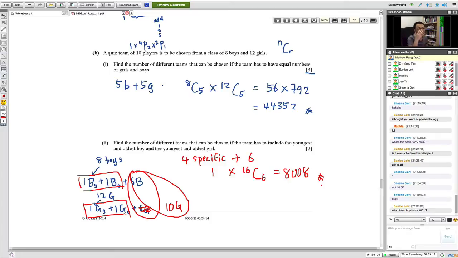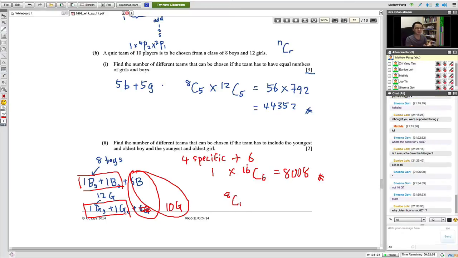So I do 16C6. Why is the oldest boy not XC1? Okay, if you do XC1 for the oldest boy, XC1 means you randomly choose one boy from the 8 persons there. But then how can you make sure you choose the oldest one?